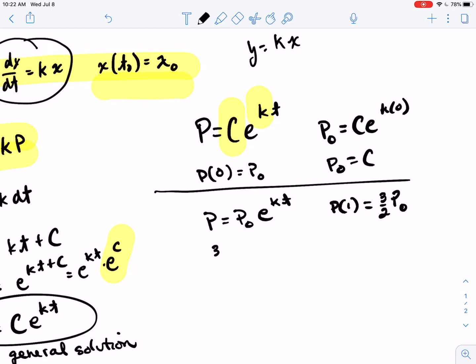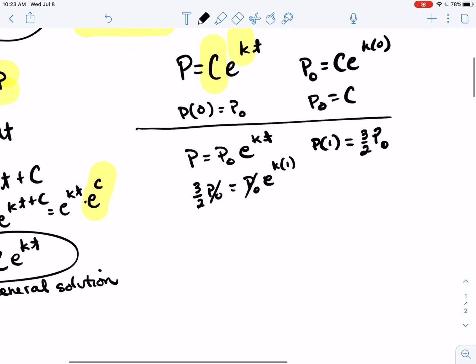I'll have 3/2 P sub 0 equals P sub 0 e to the k times 1. Well, this is nice. Let's solve for k. So I cancel out my P sub 0s. I have 3/2 equals e to the k. And now when you solve this, you have ln of 3/2 equals k.